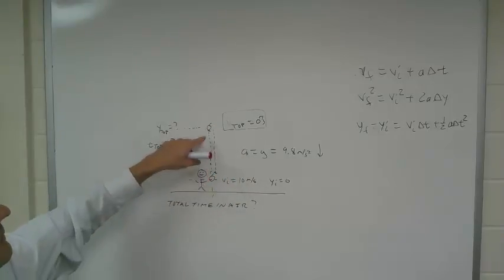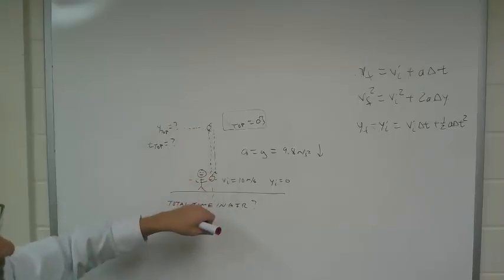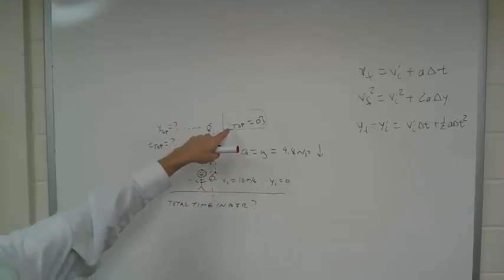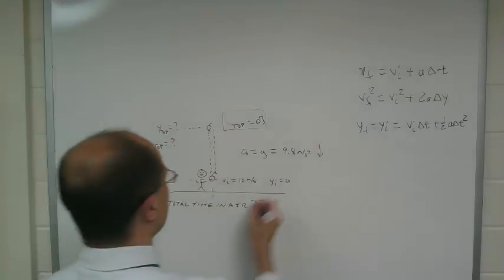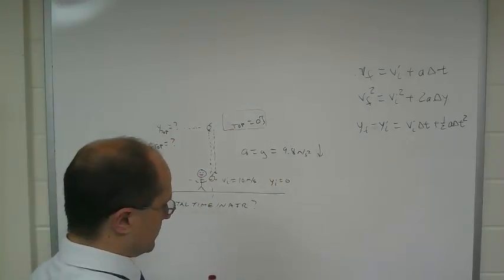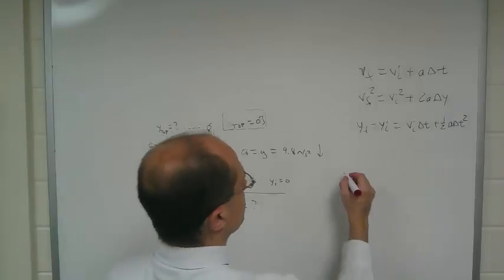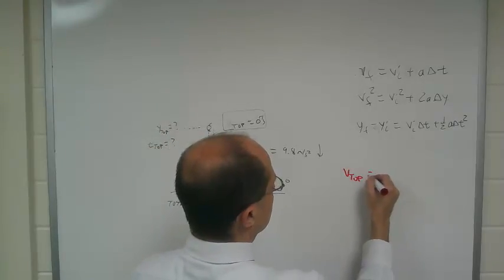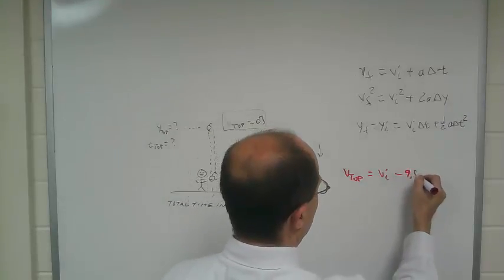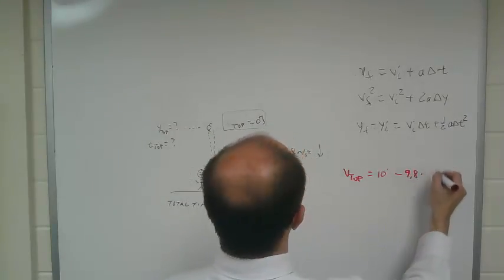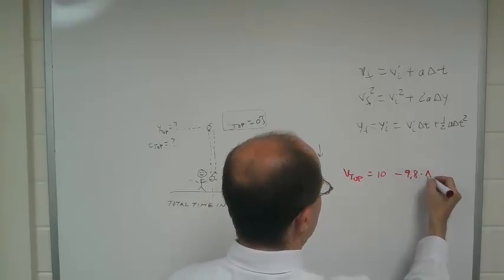If we think of it as us throwing the ball initially, when it reaches the top, that's like v final of that segment. So we can say v at the top is equal to v initial minus 9.8 times our delta t, which we don't know.